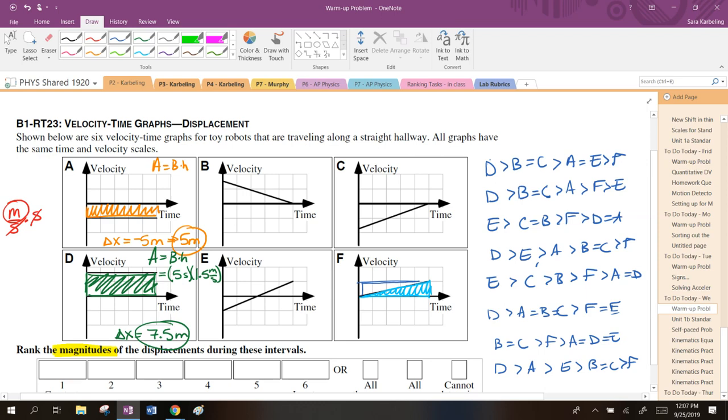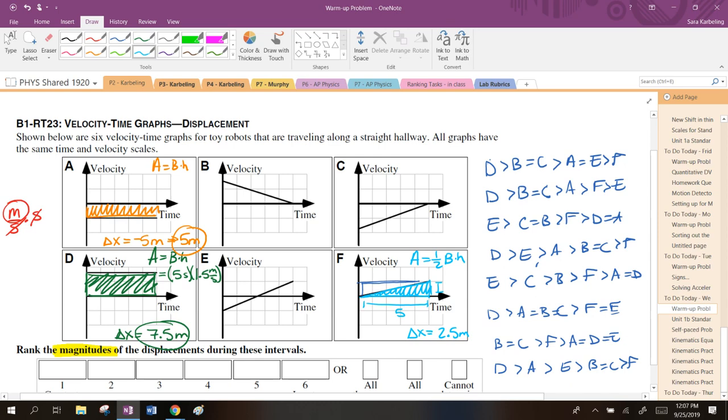That's all we're doing. No big deal. The area of a triangle is 1/2 the base times the height. The base is still 5. The height is 1. 5 times 1 is 5, divided by 2 is 2.5. So the displacement here, delta x, is 2.5 meters.